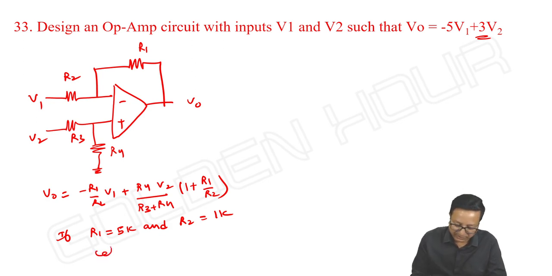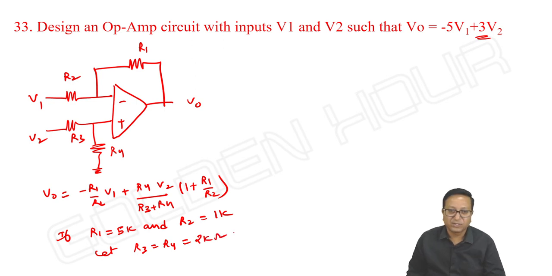So let R3 is equal to R4 is equal to, you can take 1K or 2K or 5K, doesn't matter. Just for difference sake, I'm taking some 2 kilo. Then what is the overall output? You can just check it. Just like that we get the answer.